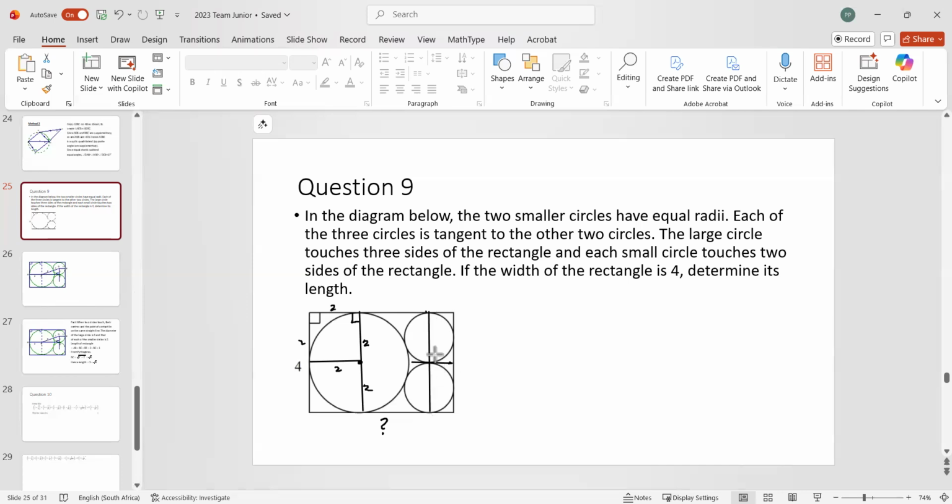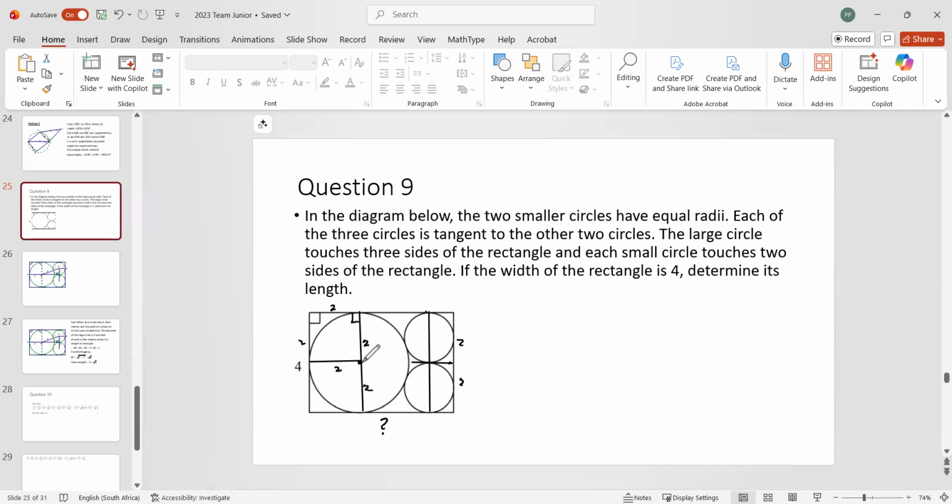So this is also the diameter here, and this is 2. Both of these are equal because they're both equal to 4. This is a rectangle, so both of these are equal to 2, and you have a similar situation like that.